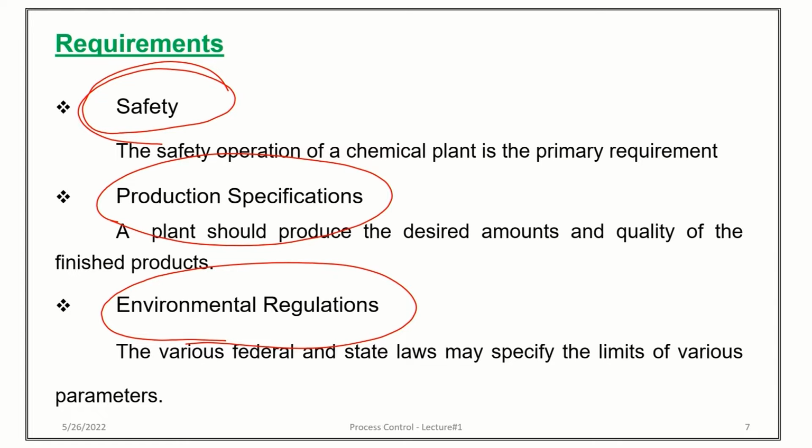For example, the amount of sulfur dioxide that a plant may eject to the atmosphere should be within this limit. And similarly, the quality of water that can be returned to a lake or pond should be within this limit, right. So these are all called as the environmental specific regulations, right. The government will propose some laws, right. So you have to design a plant in such a way that you should not overcome these specifications.